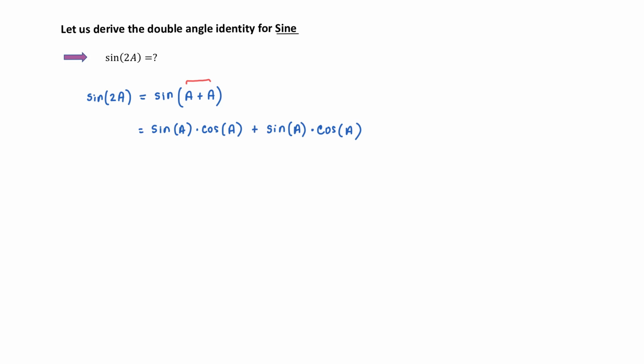In other words, this is like having x plus x. We're adding two identical terms. And whenever we add two identical terms, we get 2x. So here x is like this entire expression, sine A cosine A. And notice how here it repeats again. So then this is going to become 2 sine A times cosine A.